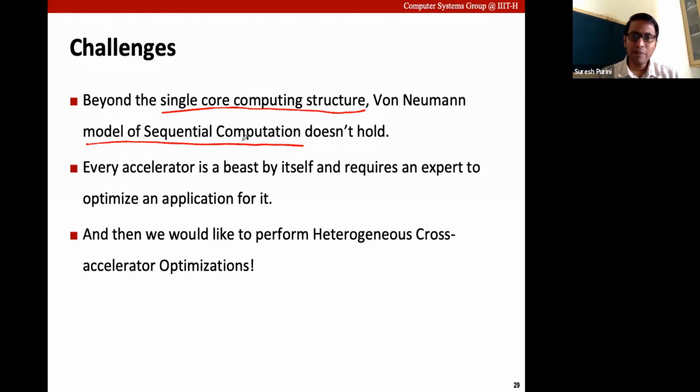And programming GPUs or programming FPGAs or TPUs, the way we think about algorithms, the way we think about these architectures is very different.